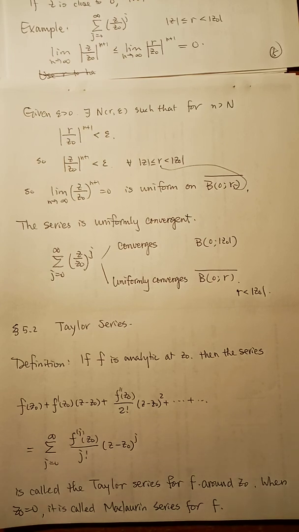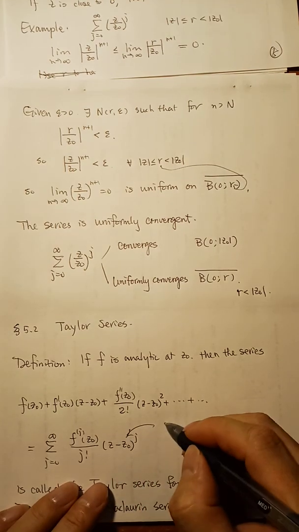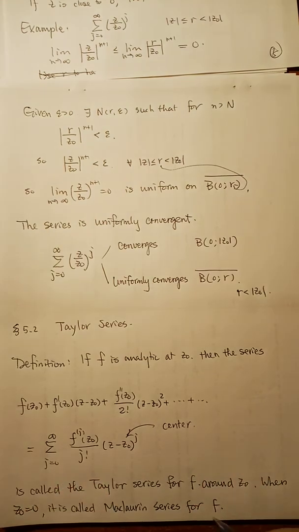Maclaurin series is just a special series when you choose a center. Z0 is called the center. Choose the center as the origin.